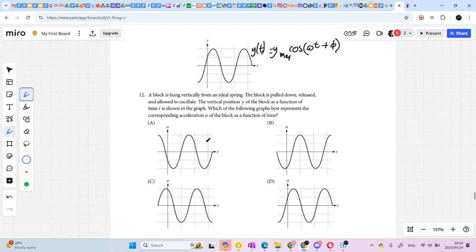Now, the acceleration is going to be the second derivative of the position. So we can just work this through and take the second derivative. For this, we have the chain rule. So the y max just stays in the front.